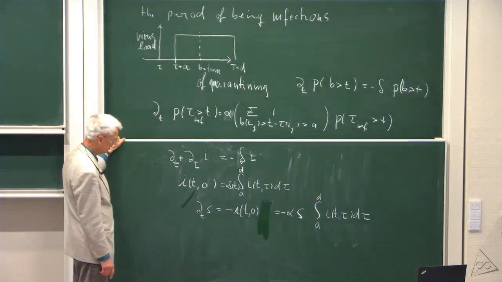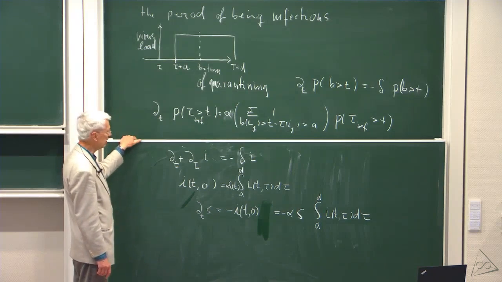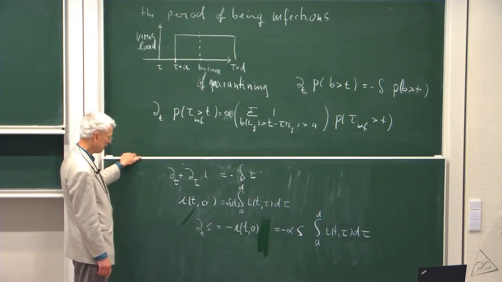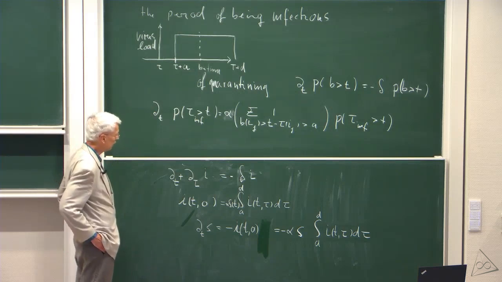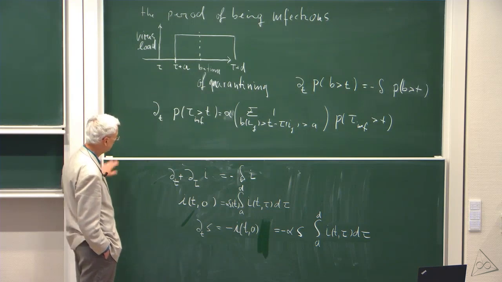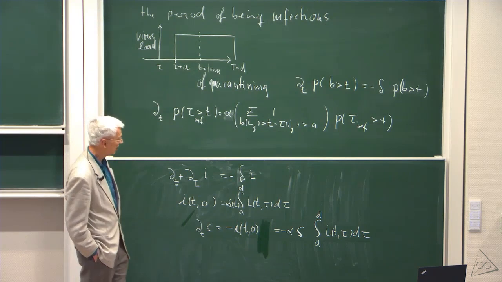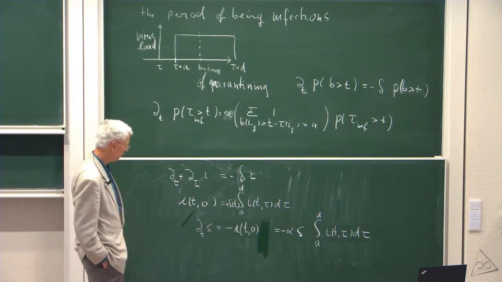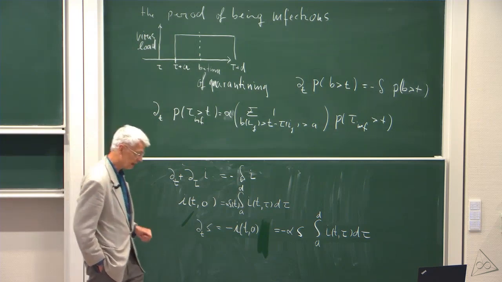I wrote down in the meantime the kind of formula that you get in what we call the large n limit, the limit of large numbers, of this kind of frequency, which is predicted by the stochastic process which I described before.